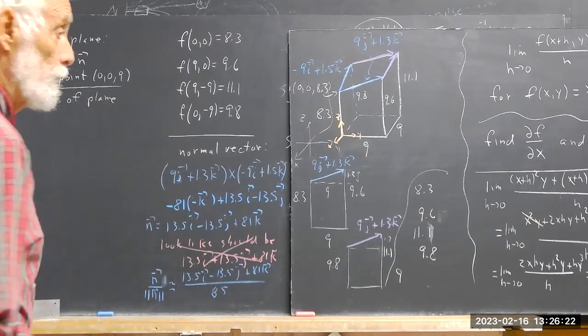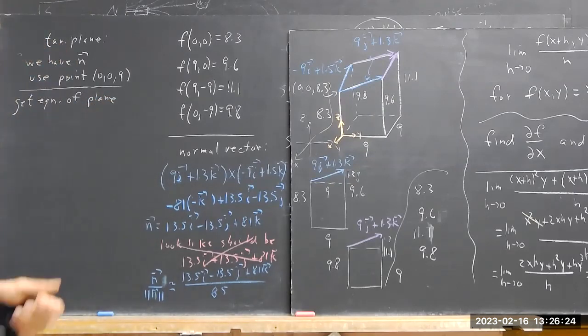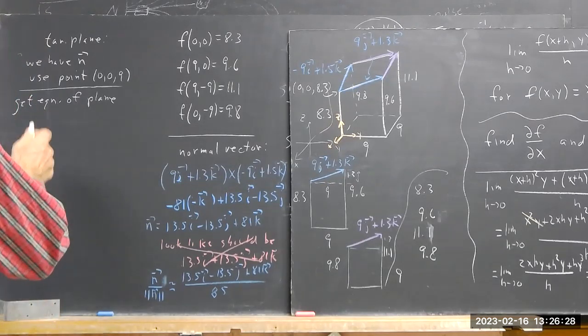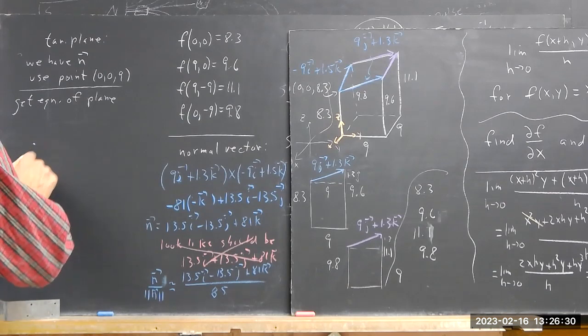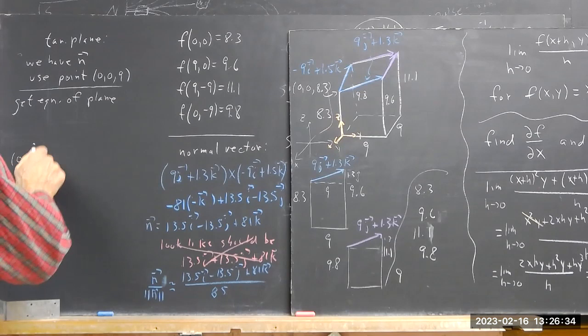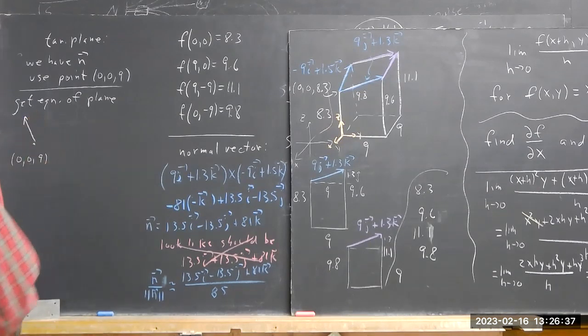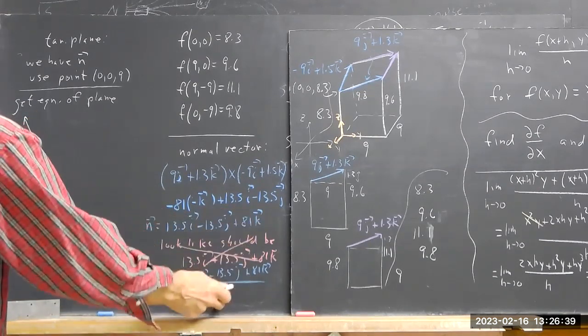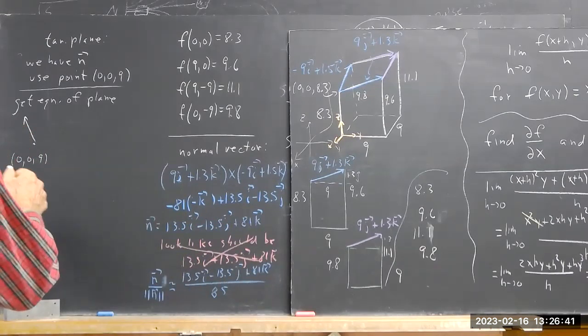That the equation is plain. Well, actually, I might just go ahead and do that. So our image is we have the point 0, 0, 9. We have a normal vector. I'll just go ahead and use this. I want to go through the calculation.